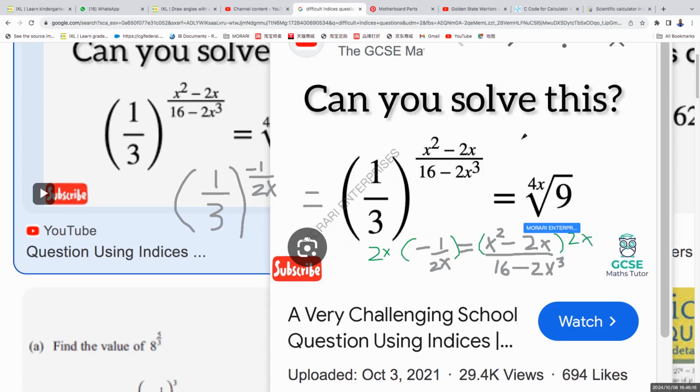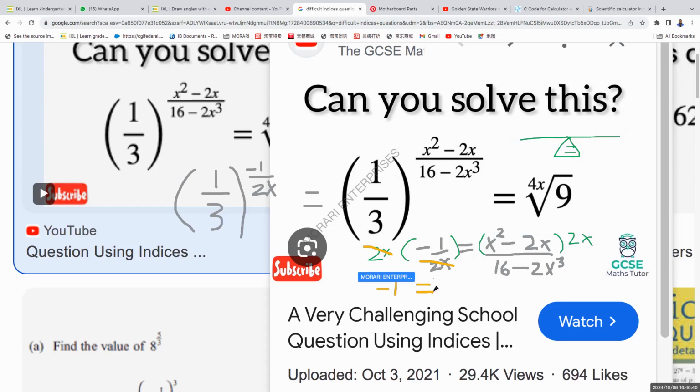When you have an equal sign, it means you have a balance. If you do something on the left, you do the same thing on the right, and this balance will still be equal. So if we do that, 2x will cancel 2x one time, so we'll only be left with negative 1 here.